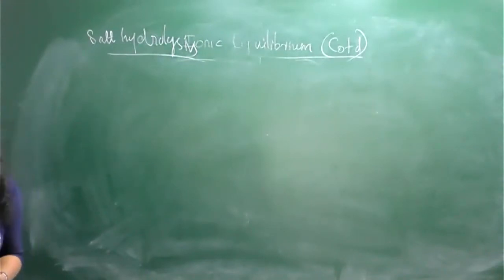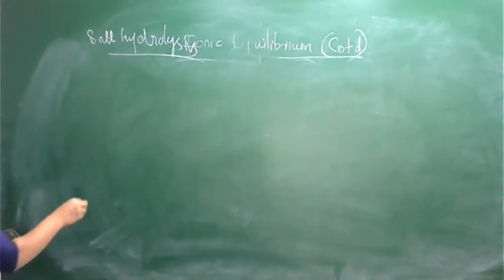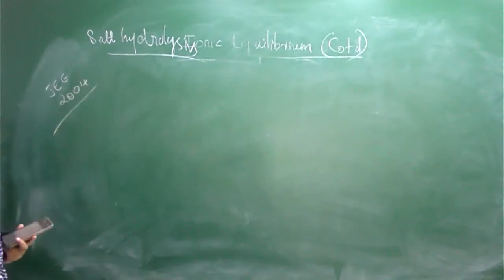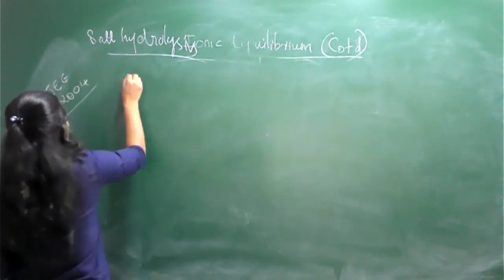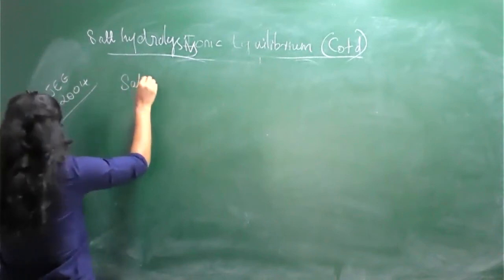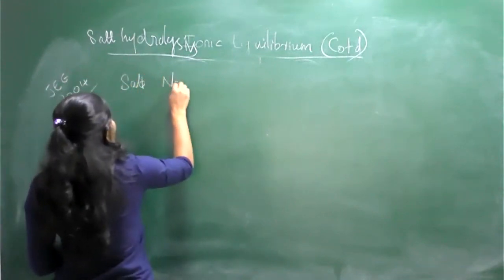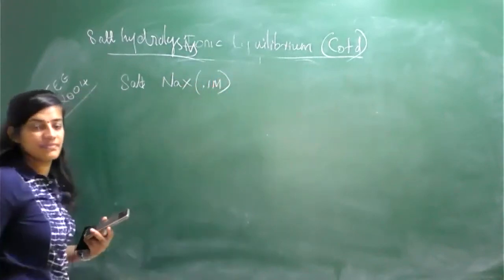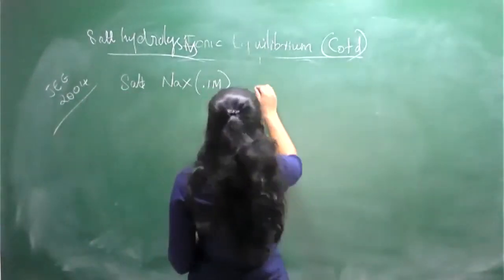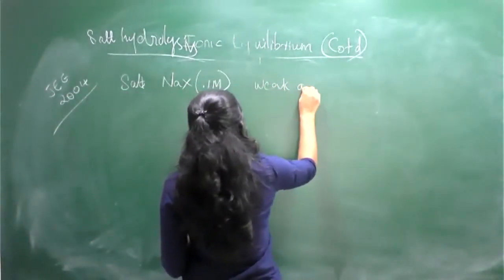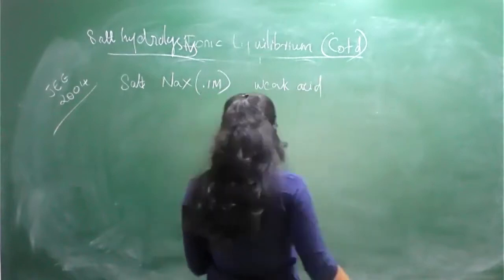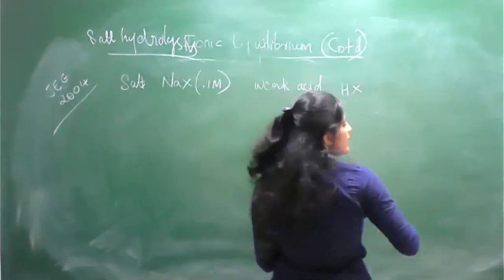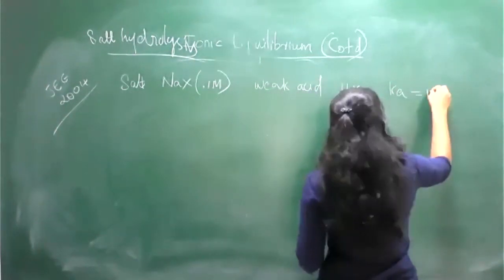Okay, next one, JEE 2004. Here the salt NaX is 0.1 molar. The weak acid is HX, with K equal to 10 to the power minus 5.